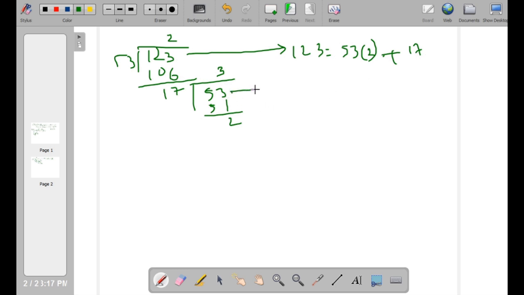From this we can write 53 is equal to 17 into 3 plus 2, and 17 is equal to 2 into 8 plus 1. So GCD is equal to 1.